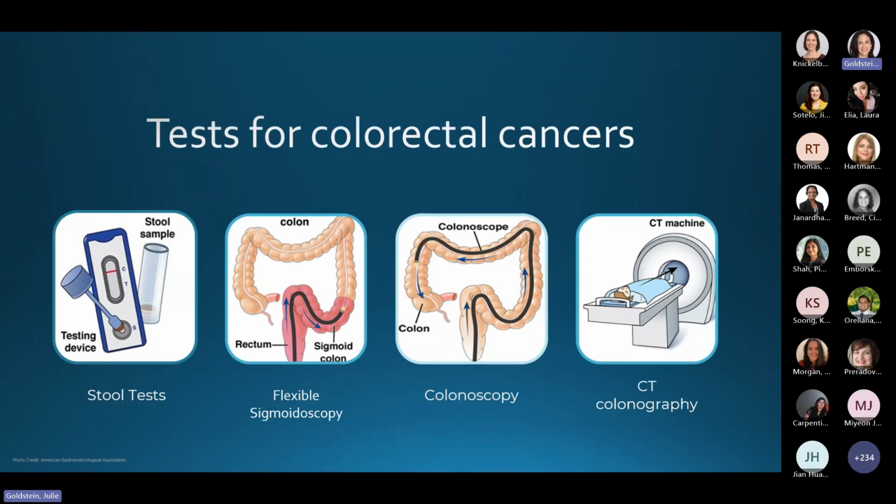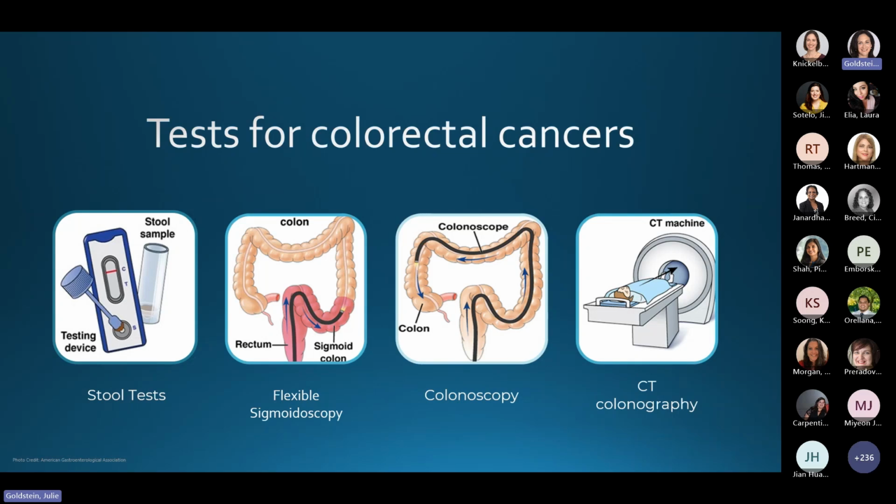One very important distinction about the flex sig and the colonoscopy is that these are diagnostic tools. So that means not only can a physician see a polyp or a cancer through the scope, they are able to remove that polyp or take a biopsy of the cancer, send it to a laboratory, and you can get a definitive diagnosis.